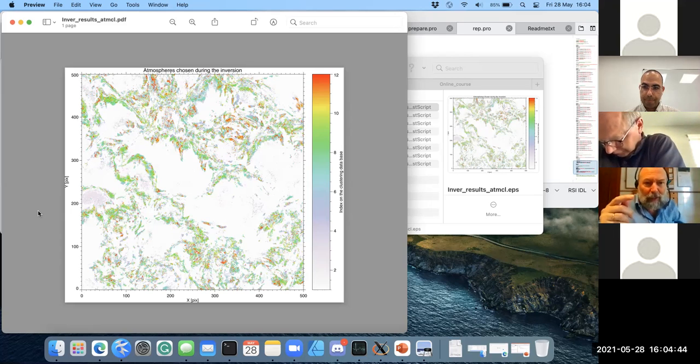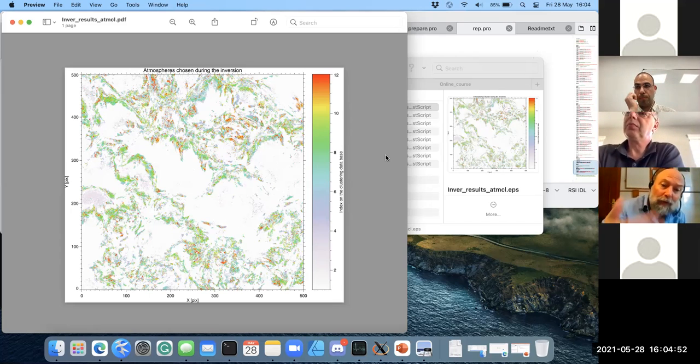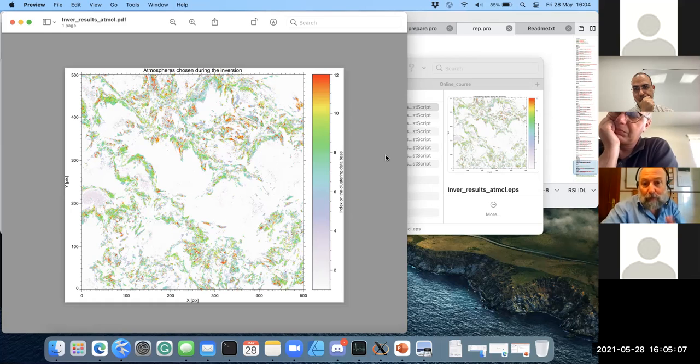Then you can initialize with the closest profile, with the closest atmosphere that is producing this profile, in the classical sense of clustering as you are working with. Then you can start this inversion using a previous clustering of the profiles. Yeah, that's what I understand as clustering. Exactly what you are mentioning now. This is one option.